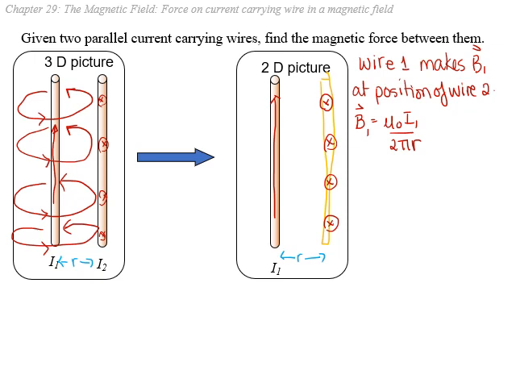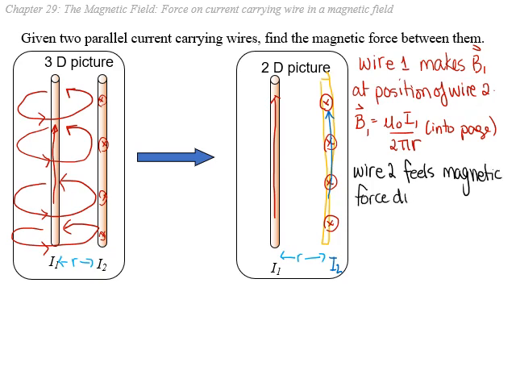Okay, so if wire 2 is carrying a current I2, then wire 2 is going to feel a magnetic force because it's sitting in a magnetic field. So wire 2 feels a magnetic force due to B1.